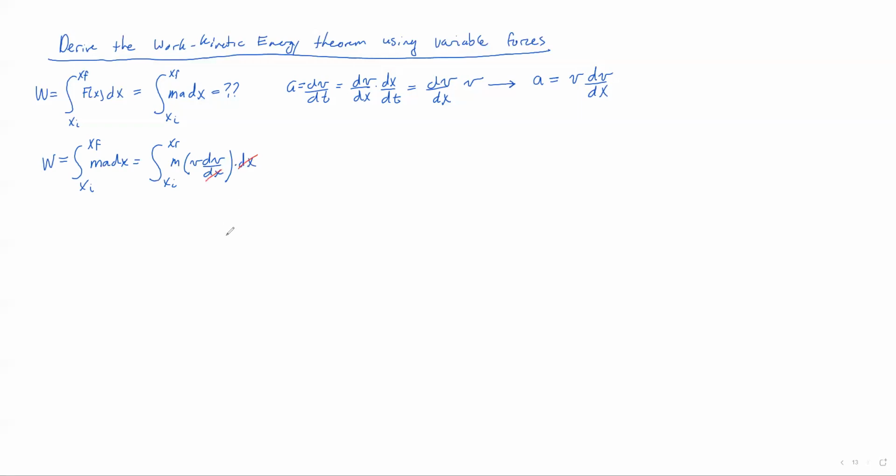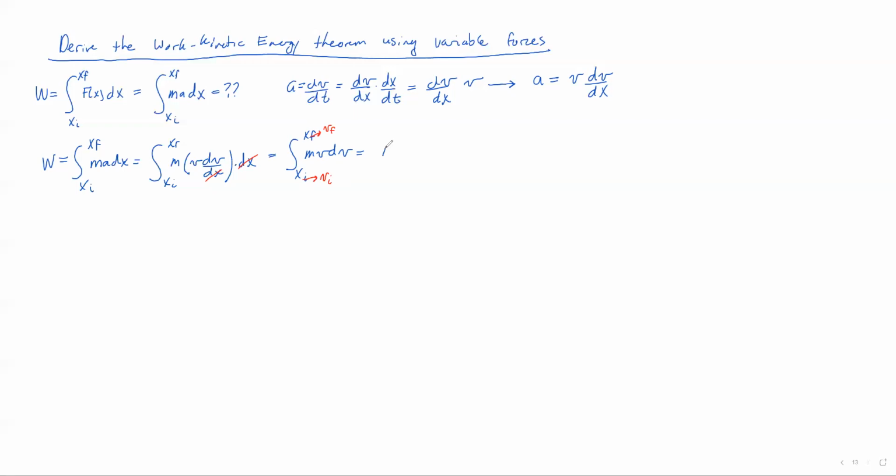Because you can treat differentials like fractions, the dx goes away and I've eliminated the x altogether. So now I'm left with the integral of mv dv. There's no more x, so the limits go to v, because v is my new variable, and you can just switch it up like that.